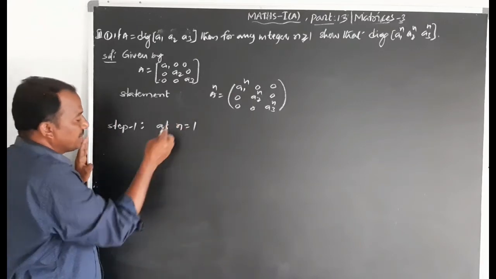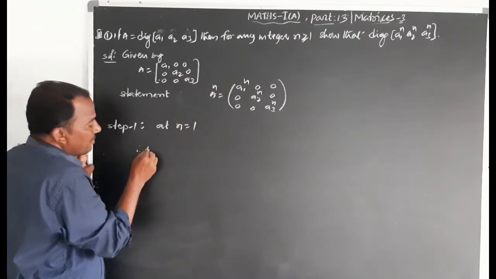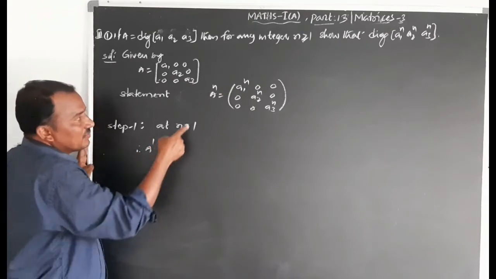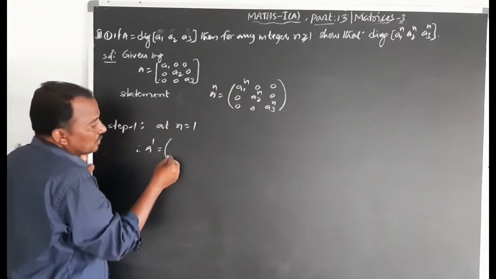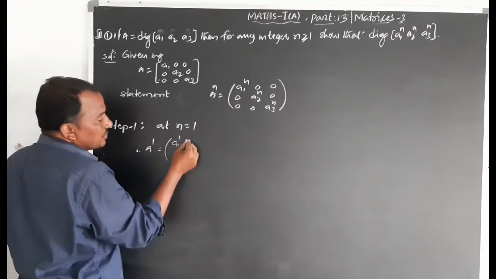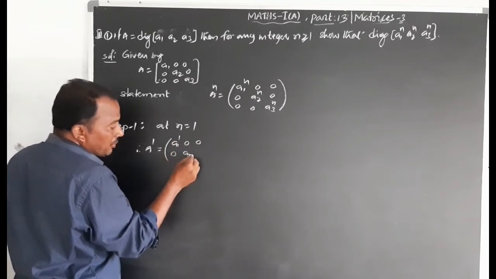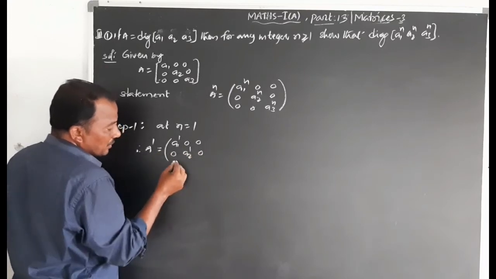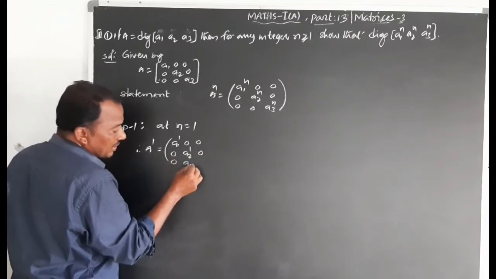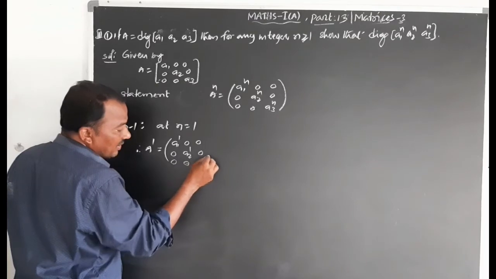Okay, right. A power 1 equals A1 power 1 0 0, 0 A2 power 1 0, 0 0 A3 power 1.